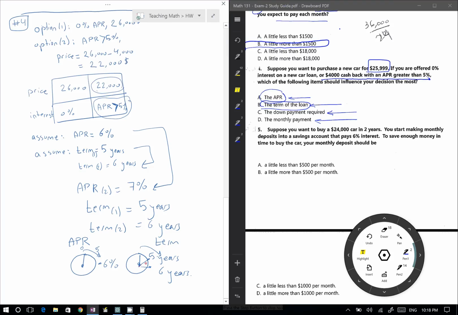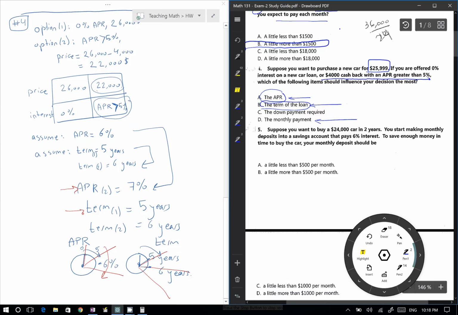So maybe the term going from 5 to 6 to 7, it's not that much. Maybe the APR going from 5 to 6 to 7, maybe this will be a bigger impact. So they want us to study the impact of the APR and the term, because the down payment could be a factor, and the monthly payment depends on the APR, and that's why I wouldn't study this, I would study this.